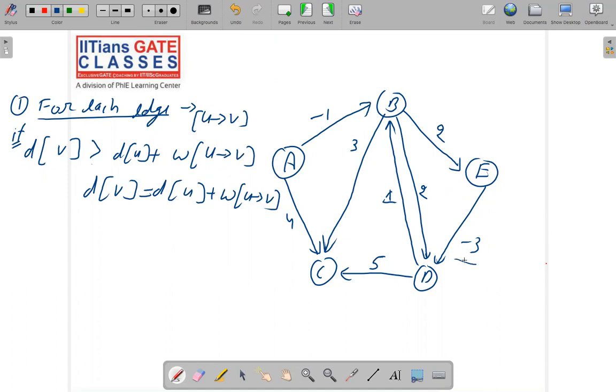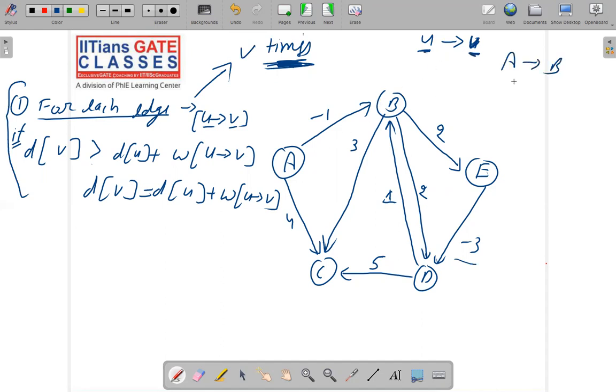So the algorithm says that we repeat this step. How many times do we need to repeat it? V times. Before repeating this step, initialize the weight of each node. If I'm saying u to v, u is a node, v is a node, and for example A to B, here A is a node and B is a node.